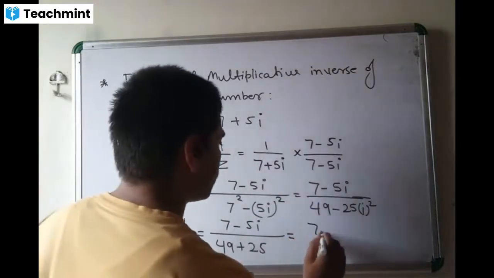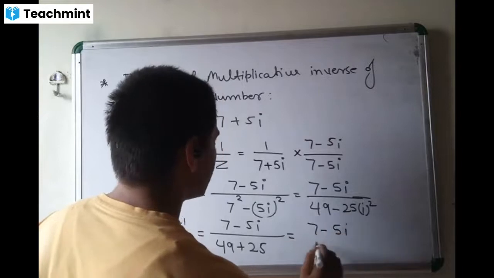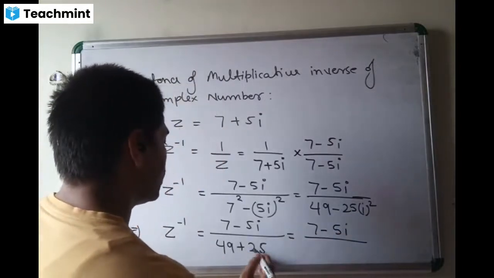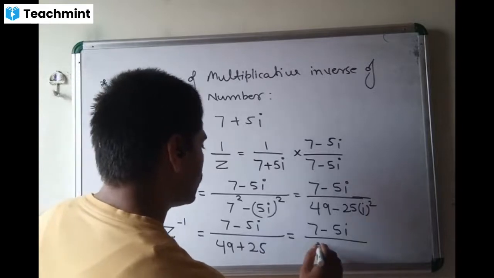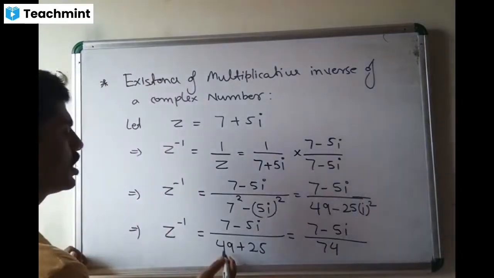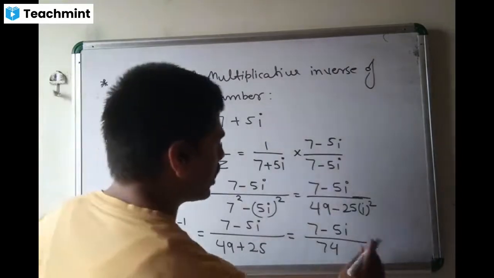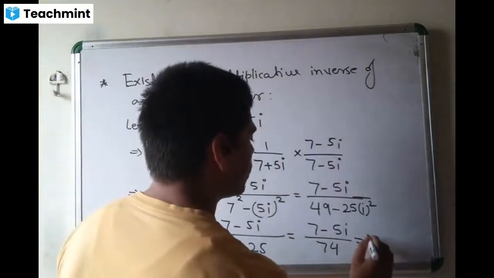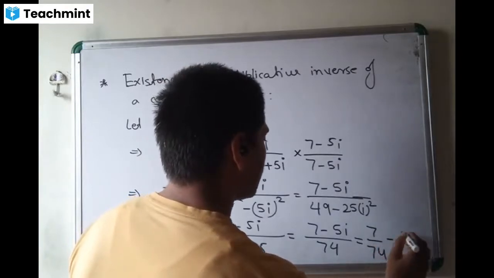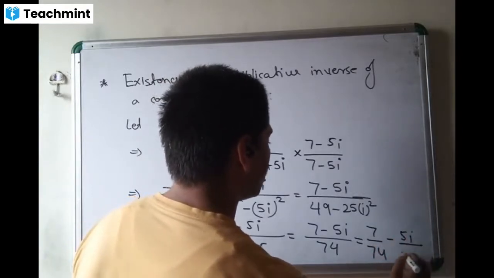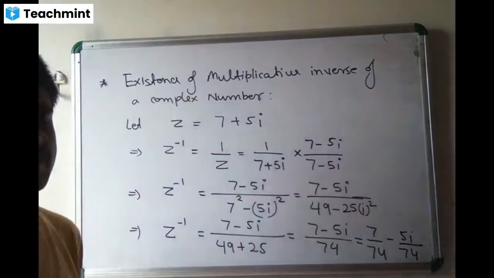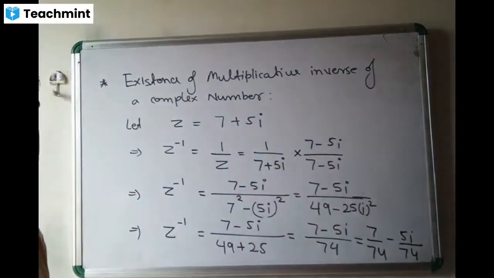So (7 minus 5i) upon 74, and you get 7 upon 74 minus 5i upon 74. Yes or no? Yes, sir.